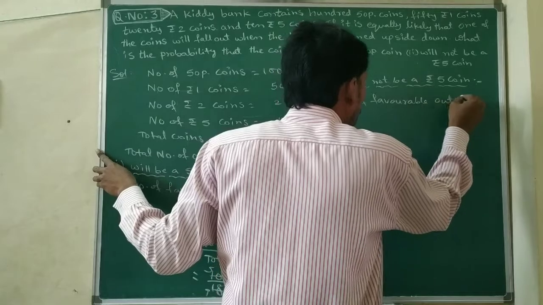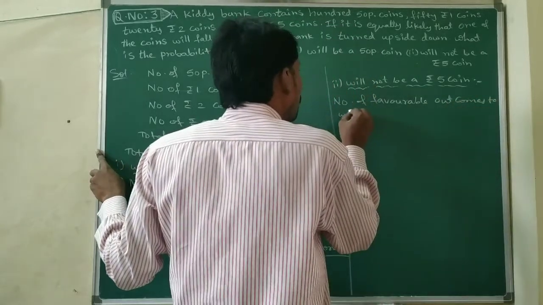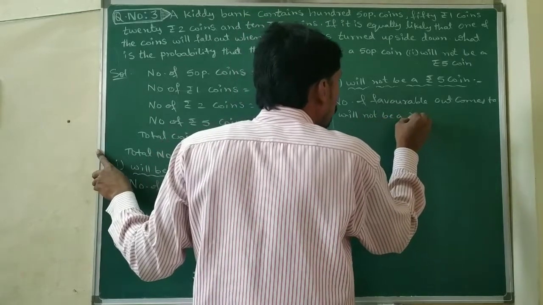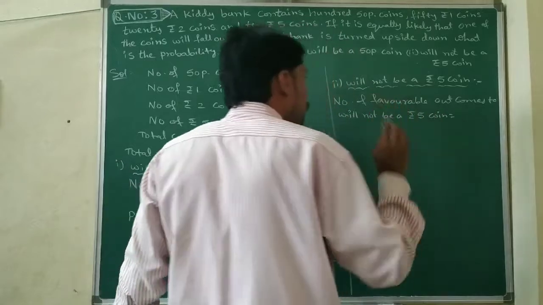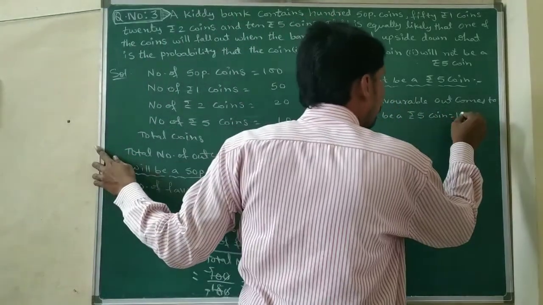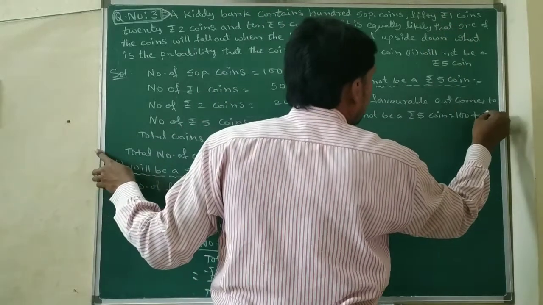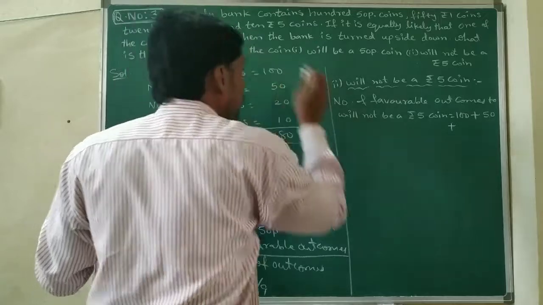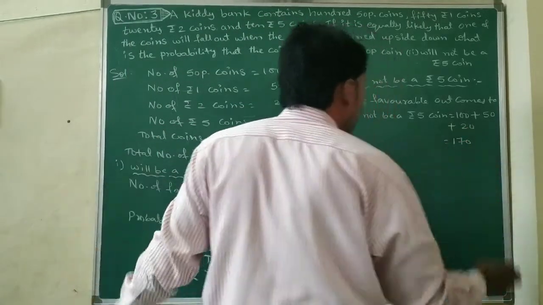Will not be a rupee 5 coin means 50 paise coins, that will be 100, plus rupee 1 coins, that will be 50, plus rupee 2 coins, that will be 20, that equals 170 favorable outcomes we are getting.